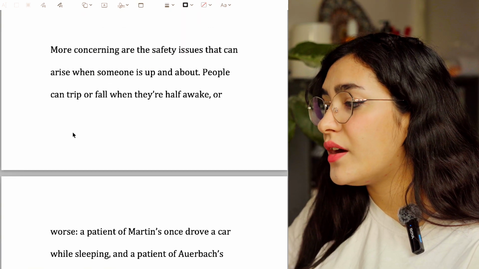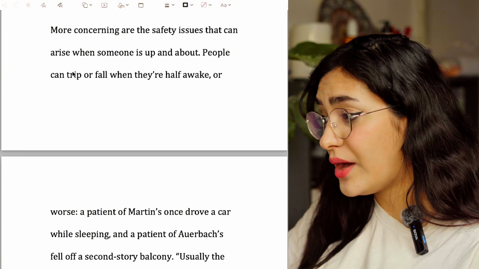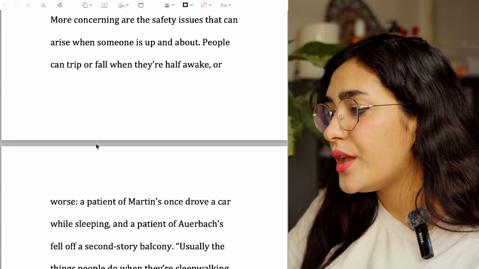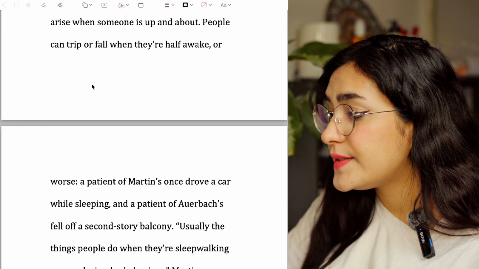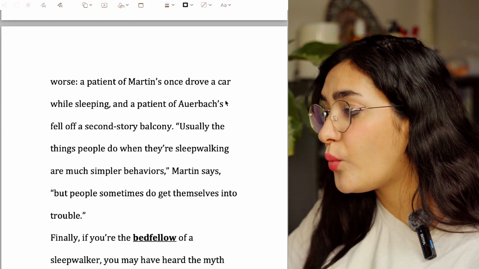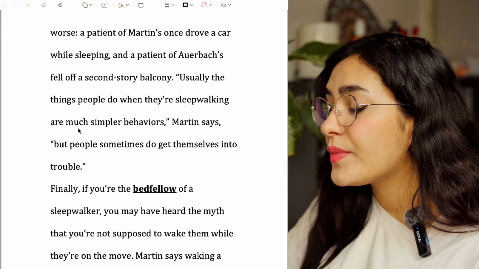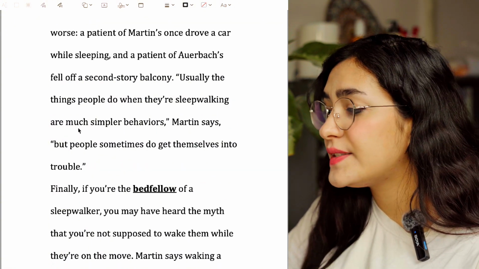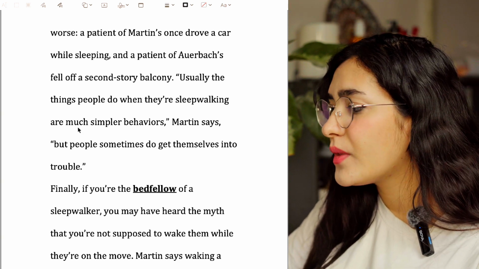More concerning are the safety issues that can arise when someone is up and about. People can trip or fall when they are half awake. Or worse, a patient of Martin's once drove a car while sleeping, and a patient of Arbesh's fell off a second-story balcony.